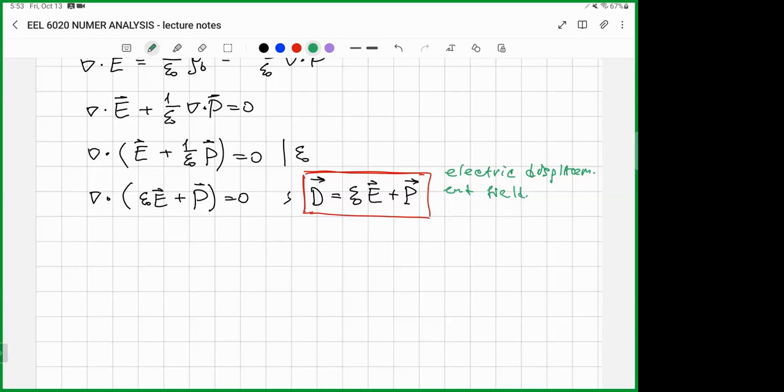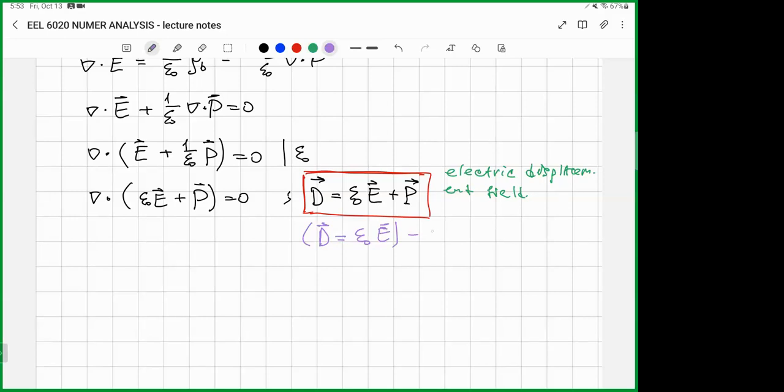You remember when we introduced it in the first place, it was D equal to epsilon 0 E in free space. But that's because free space doesn't have polarization. The polarization vector in free space is equal to 0.